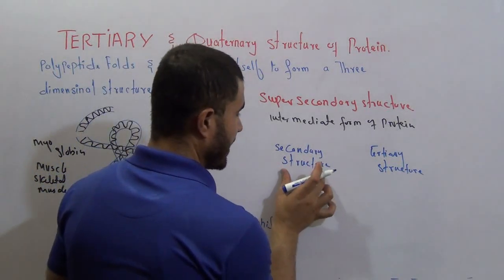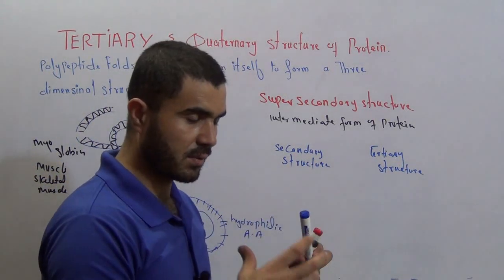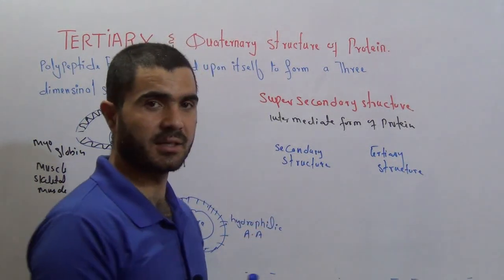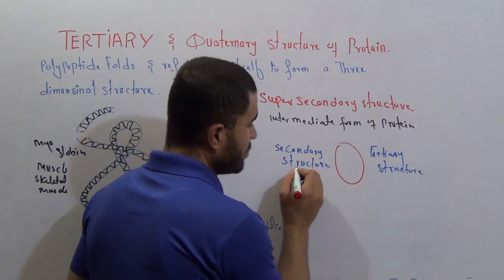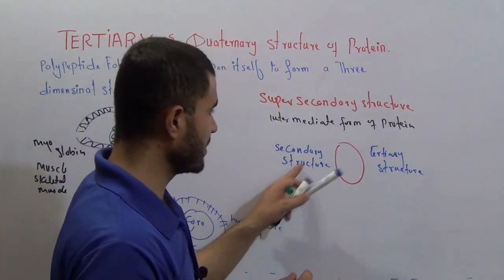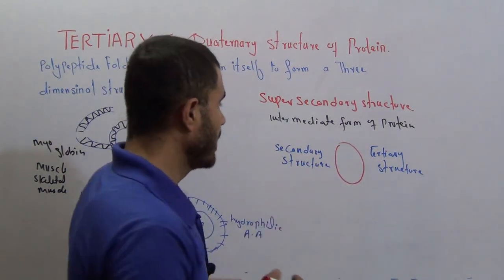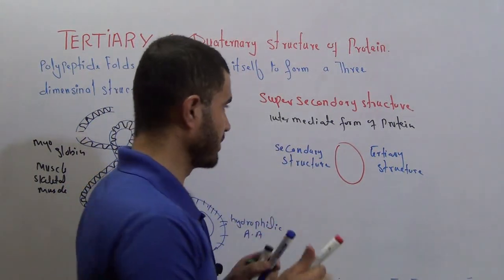Means in between the secondary and tertiary structure there is another organization of protein, that we call supersecondary. Here its position is here, meaning it will be a little bit more advanced than the secondary and less advanced than the tertiary structure. What is there inside that supersecondary structure?